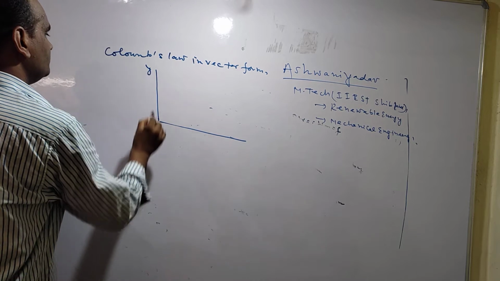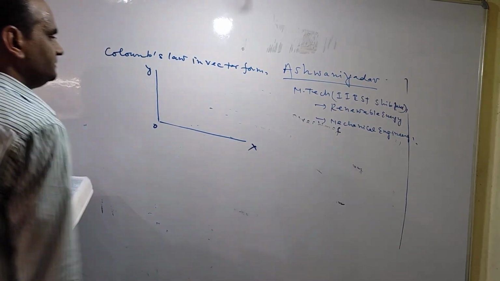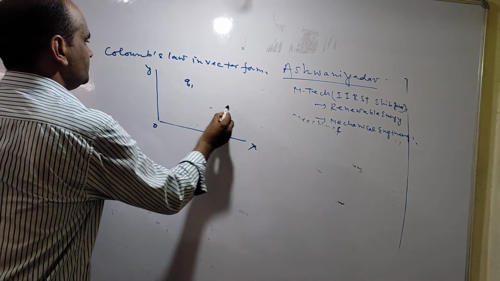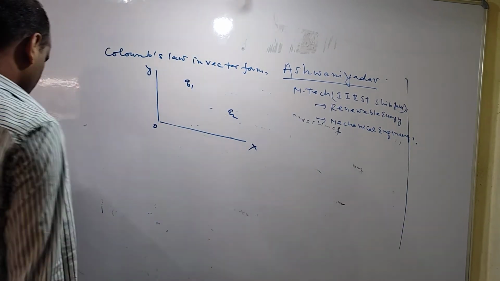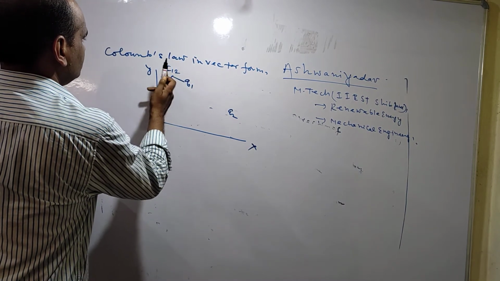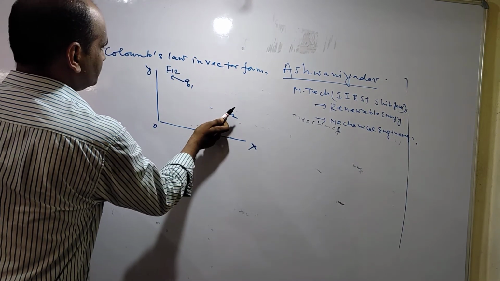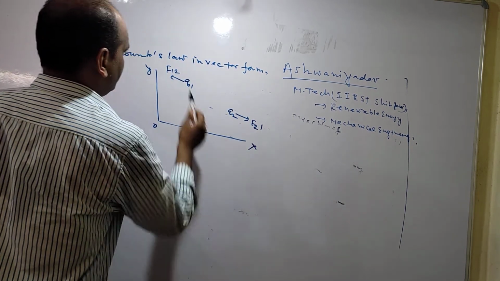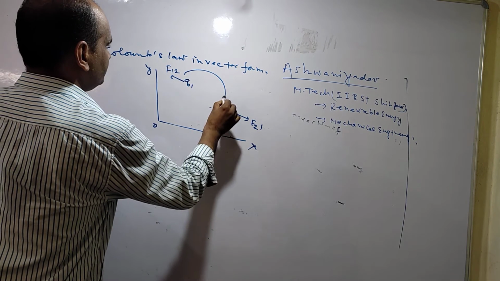This is the y axis and x axis, and we have charges q1 and q2. One force acts on charge 1 due to q2, and a force on q2 due to 1, and this is an action reaction pair.